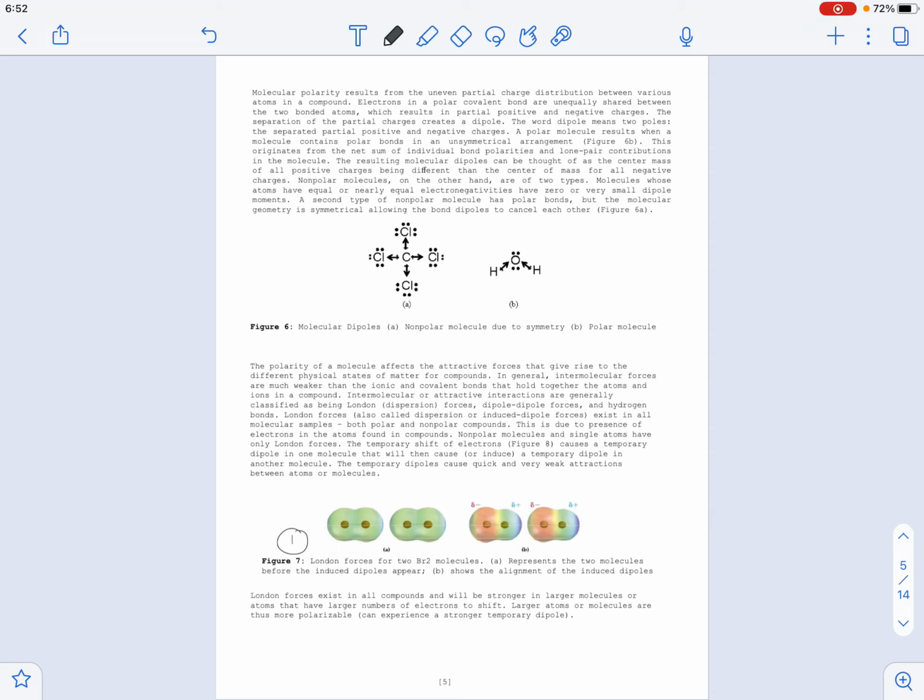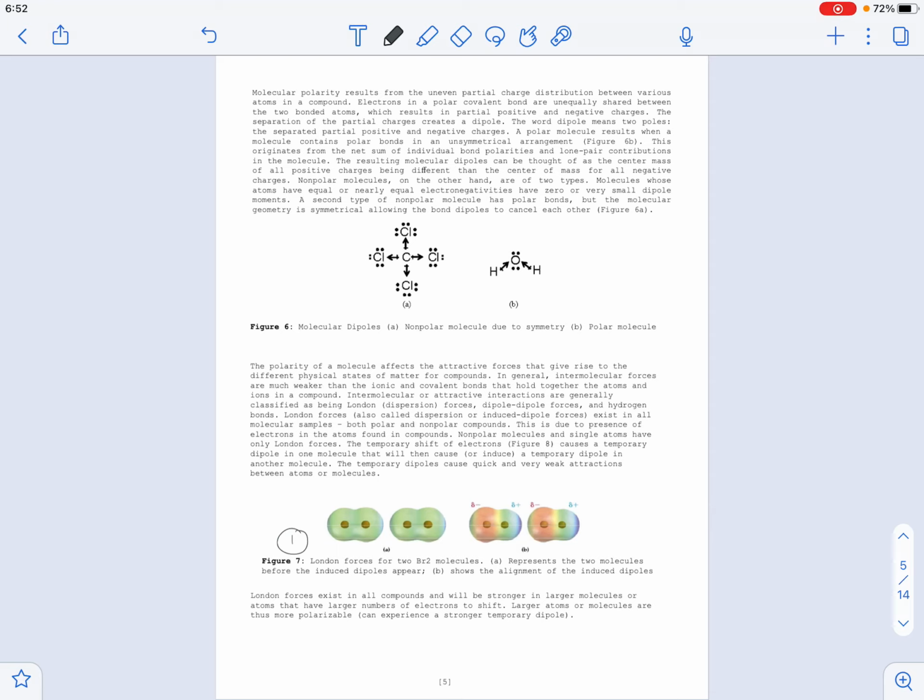Only nonpolar molecules specifically have dispersion forces as their strongest attractive force. Okay, so London dispersion forces actually come from the electrons circling the nucleus, and at some point creating a partial or temporary dipole, just because of their placement in the molecule.